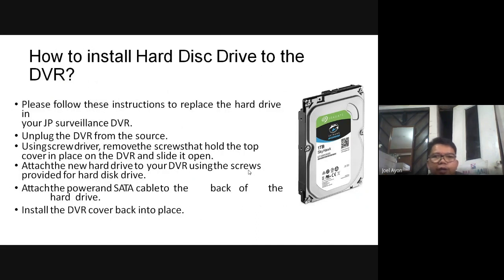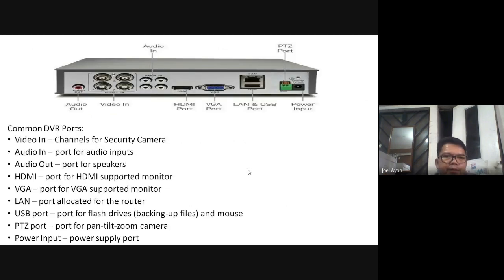So how to install a hard disk drive to the DVR? It's very easy. You just insert it into the DVR and follow the instructions. Then, as you can see, this is the back portion of the DVR.